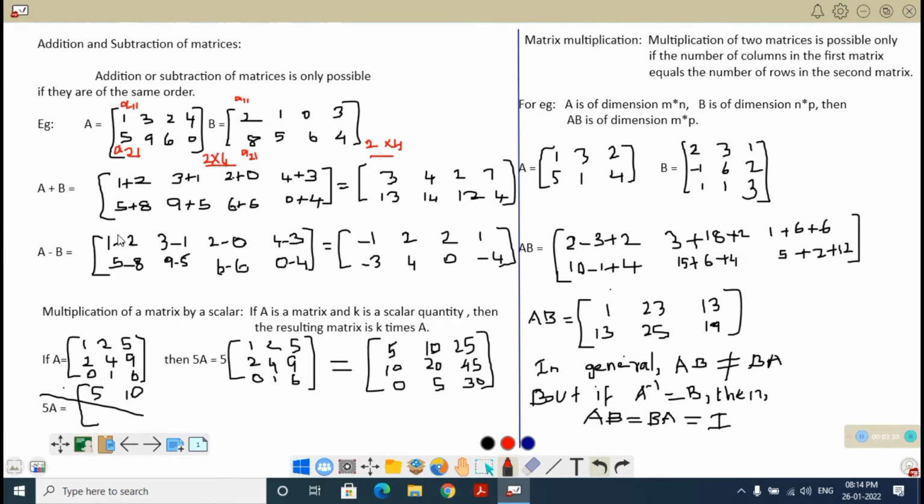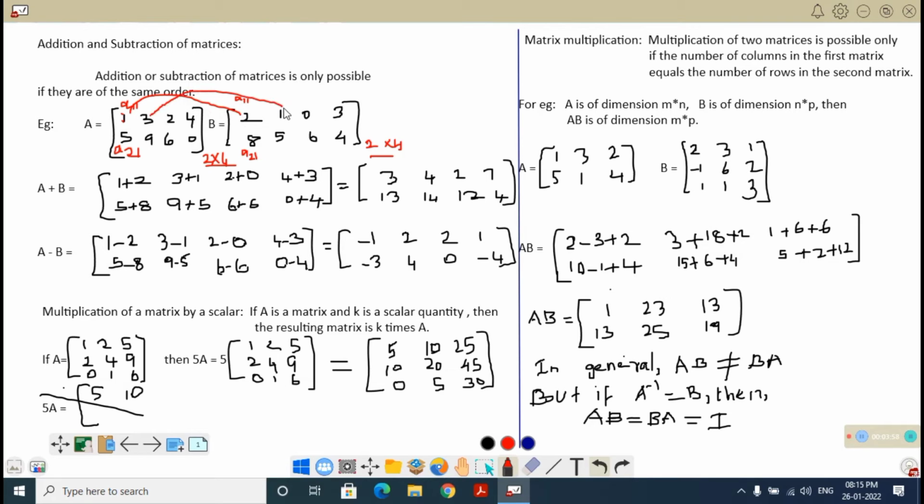So A11 of matrix A minus A11 of matrix B. That's all. So 1 minus 2, 3 minus 1, 2 minus 0, 4 minus 3.